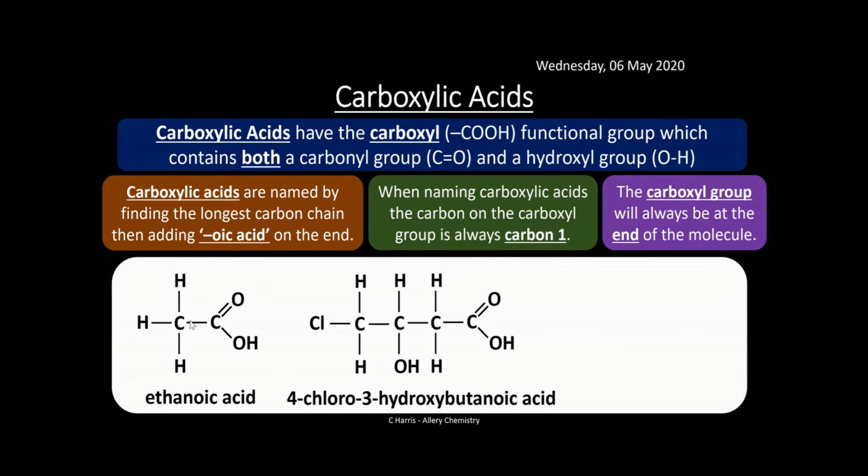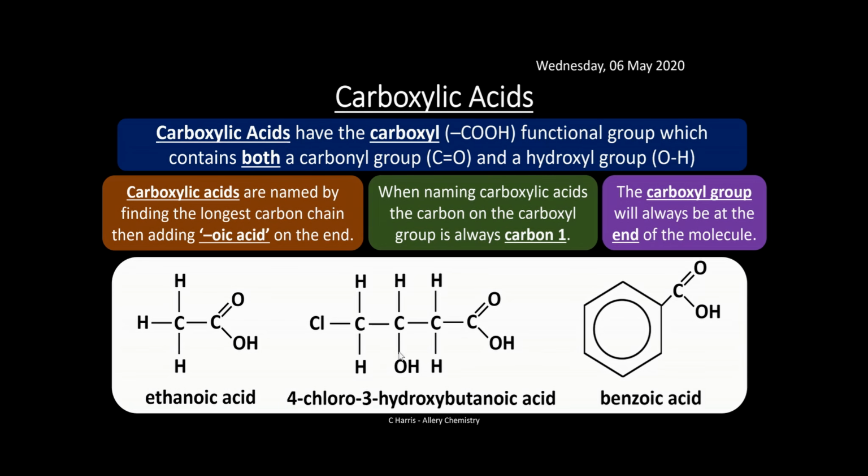The next one, this time we've made it a little bit more complicated. Count the number of carbons: we've got 1, 2, 3, 4 carbons, so this is butanoic acid. Before that, we've got a chloro group on the 4th carbon, because remember carbon 1 is always the carboxyl carbon. So it's 4-chloro, and then 3-hydroxy, because the hydroxyl group is on the 3rd carbon, as you can see there.